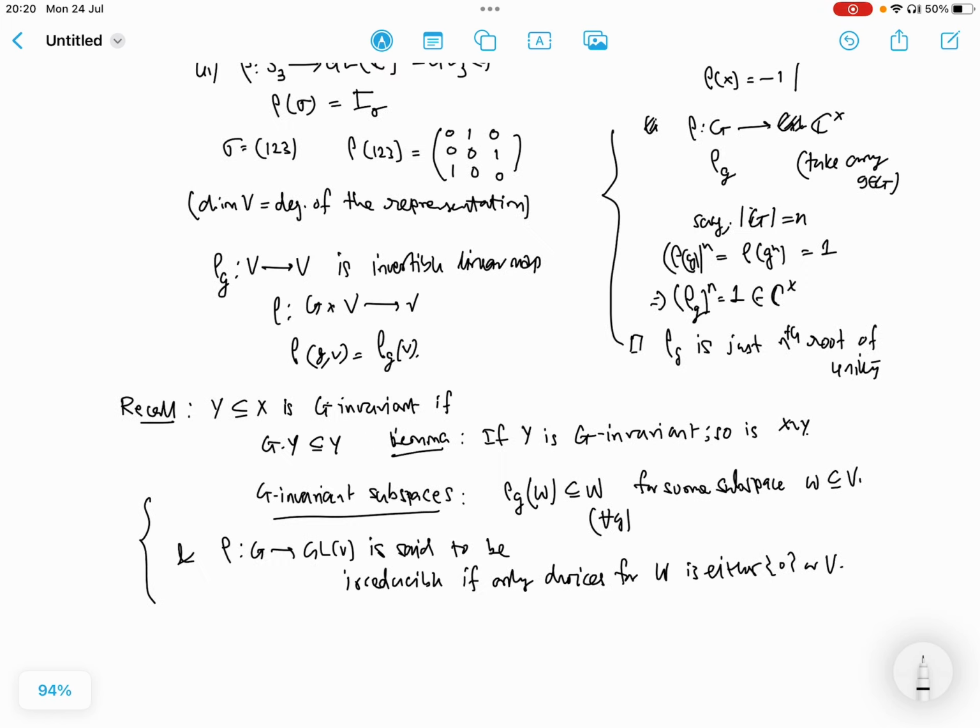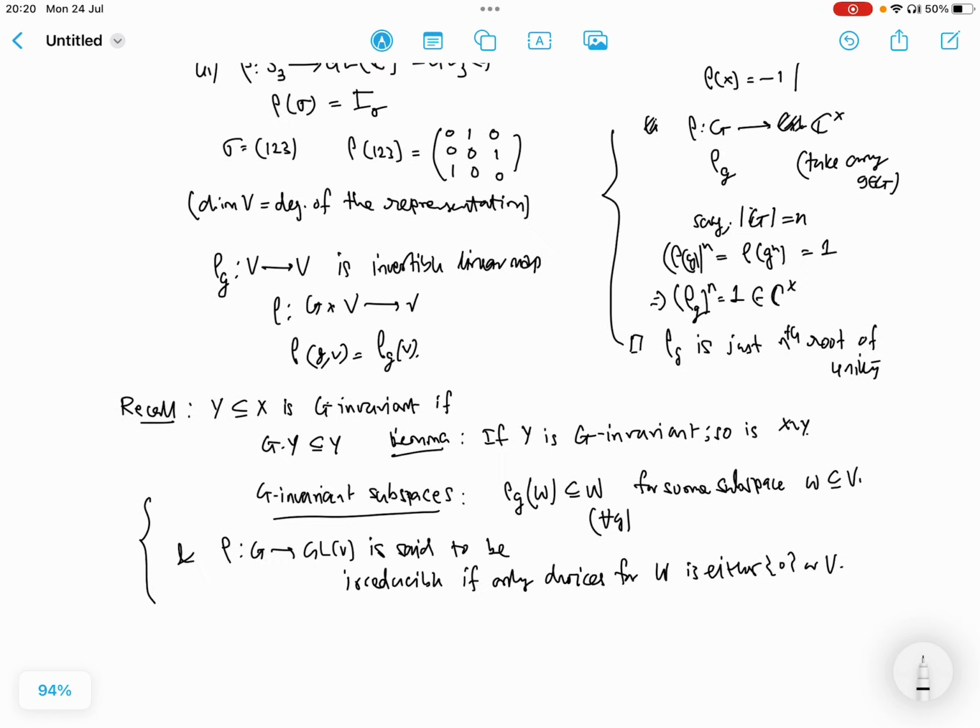And now you also had this lemma in terms of group action. Let's see the corresponding result in this case. What do you think should happen?